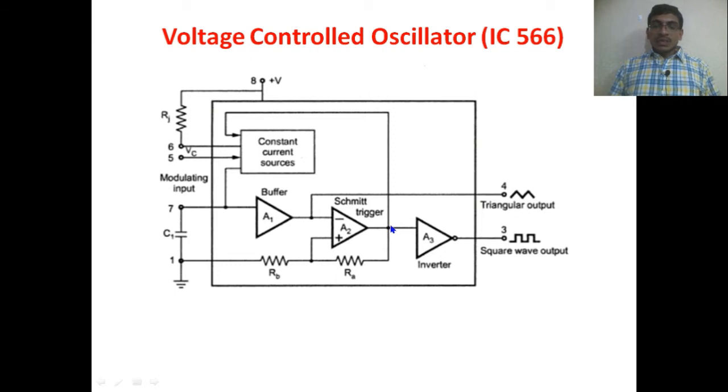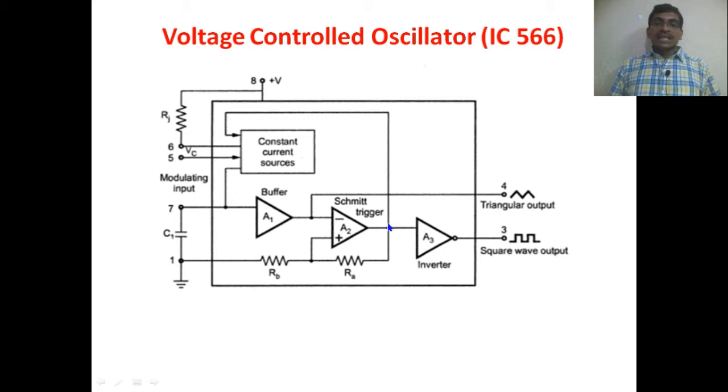So we get the square wave at this node, and the same square wave appears in inverted version after the inverter. When the triangular wave is in the positive going ramp we get a minus V saturation, so exactly the opposite will be there.